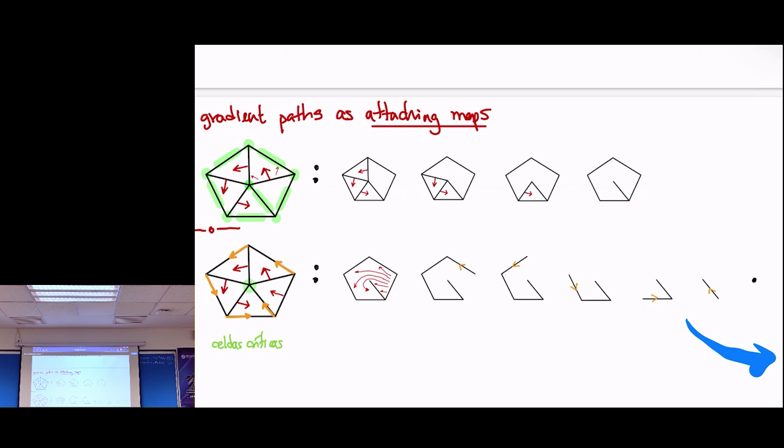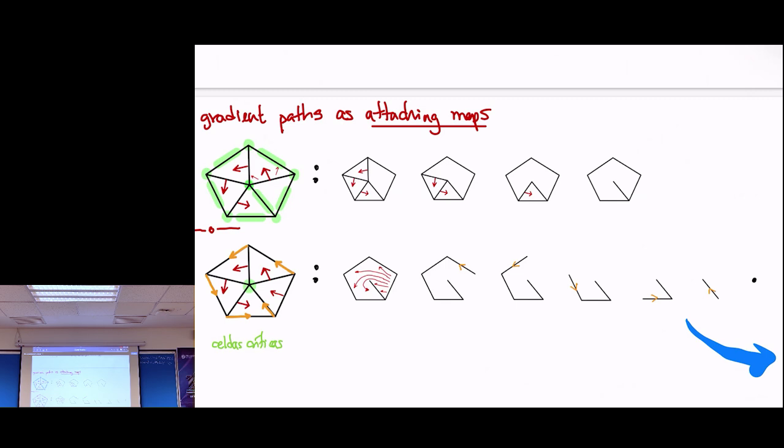If you find a free face, push, another free face, push, and so on, until you run out of free faces. Then you say, okay, I don't want this top dimensional cell. You declare it critical and remove it, which will leave some free faces, and you continue until you hopefully can reduce the thing. But in that algorithm, you would be forced to keep that dimension as a critical thing.